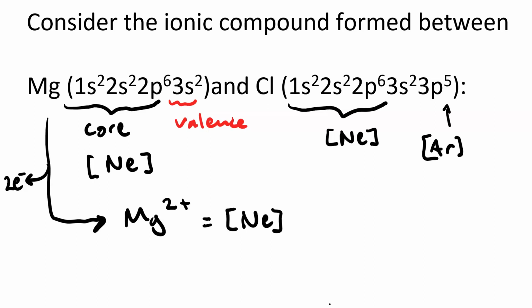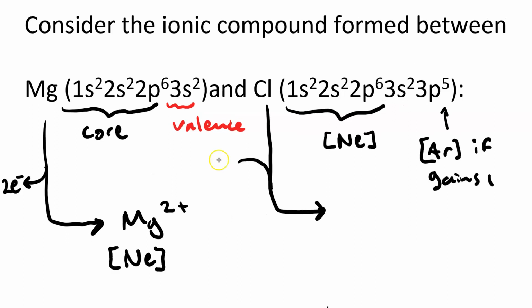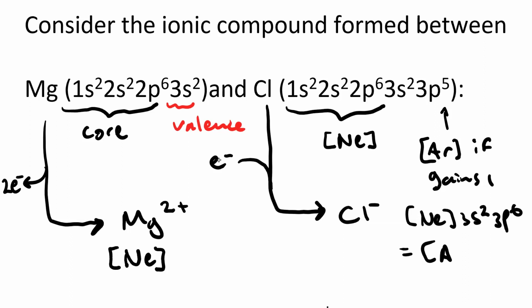So rather than lose these 7 valence electrons, chlorine's going to gain 1 electron. So if we take chlorine and we add an electron to it, we get the chloride ion, which has 3s2, 3p6, the same electron configuration as argon.